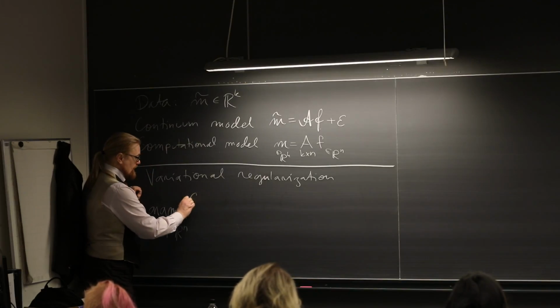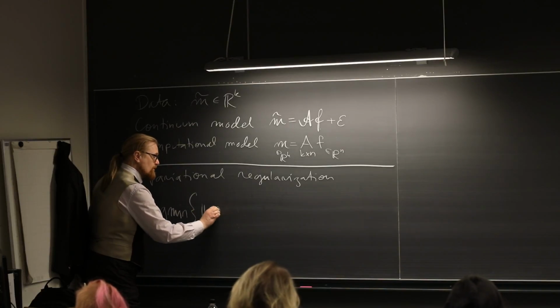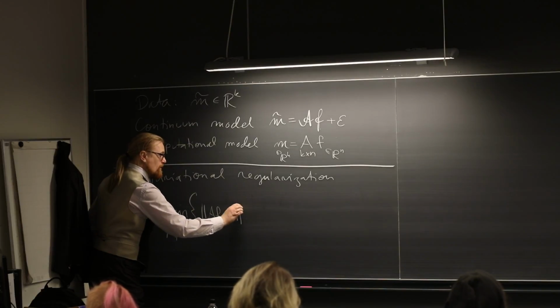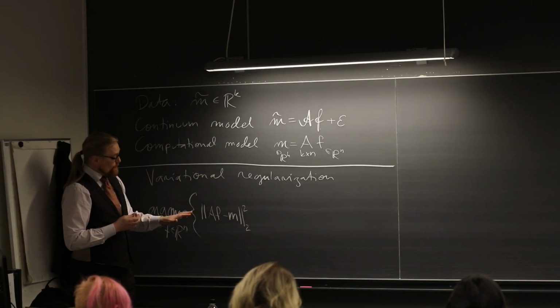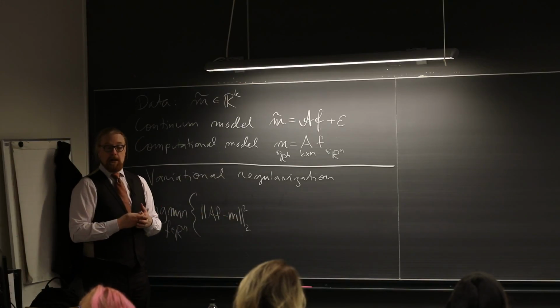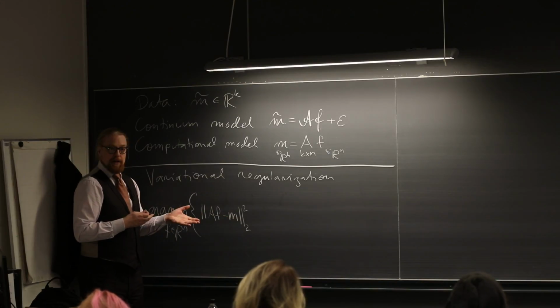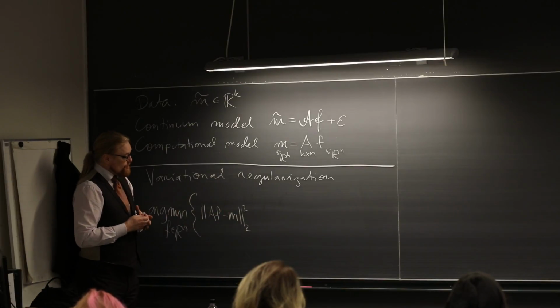And the expression is containing first a term related to data. So here we have the usual Euclidean 2 norm, the usual length of a vector computed by the Pythagoras formula, and the norm squared.